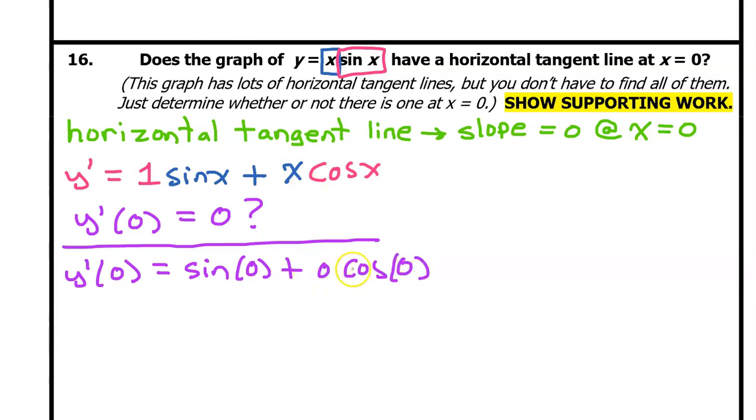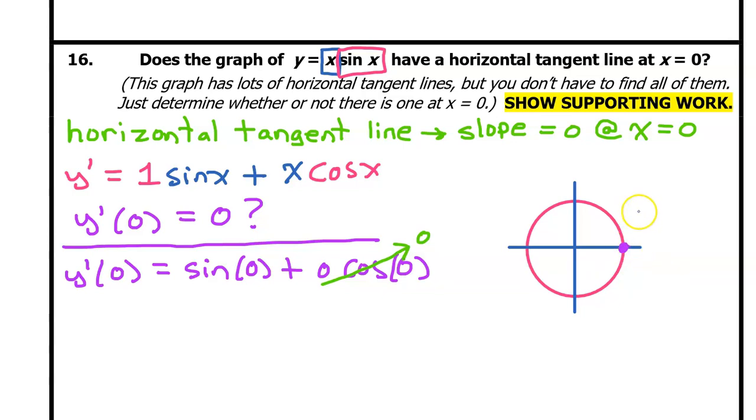Well, we're multiplying by 0 here, so this term has a value of 0, so we can forget about that. What is the sine of 0? I'm picturing my unit circle. 0 is right here. Sine is the y value, so the sine of 0 is 0. So y prime at 0 is indeed equal to 0.